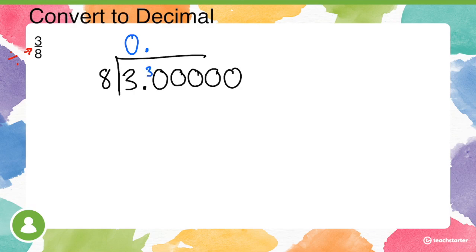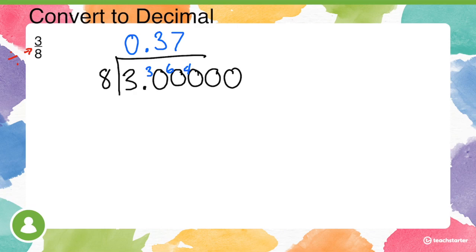Now, how many times does 8 go into 30? Well, that is 3 times. And 3 times 8 makes 24, which means I had 6 left over. Now, how many times does 8 go into 60? And that is 7, which is 56. So that's 4 left over.